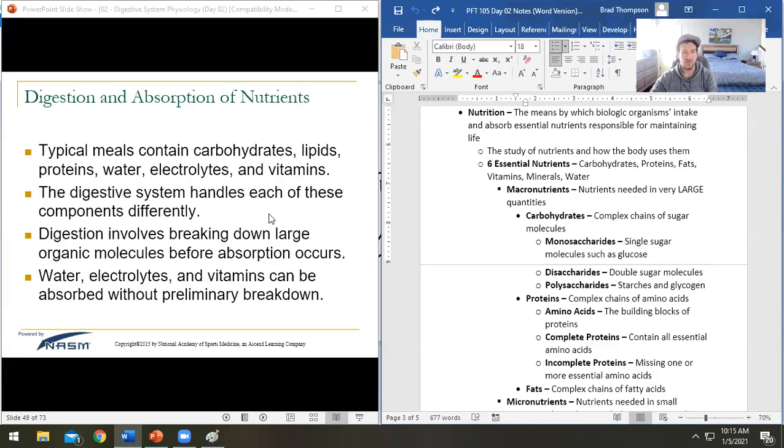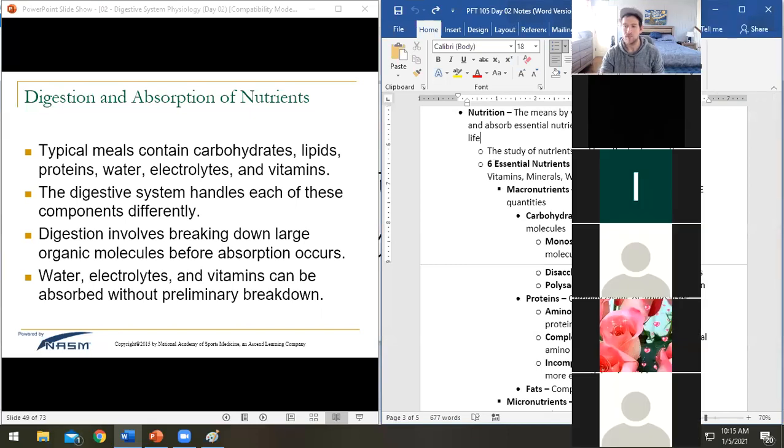So let's talk about nutrition, right? When we're talking about nutrients, nutrition is the means by which biologic organisms intake and absorb what we call essential nutrients. And whenever you hear the word essential, Charlie knows this because I say this all the time. Anytime you hear the word essential, when we're talking about biology, anatomy, physiology, whatever, it means that it is essential that you consume it.